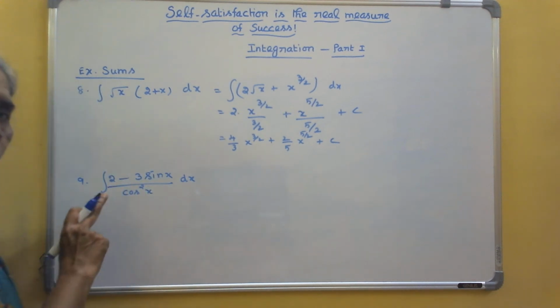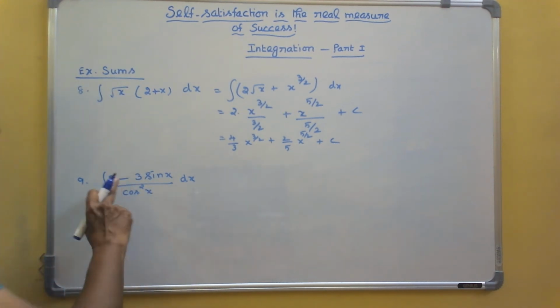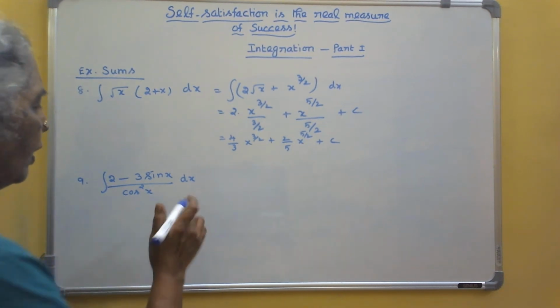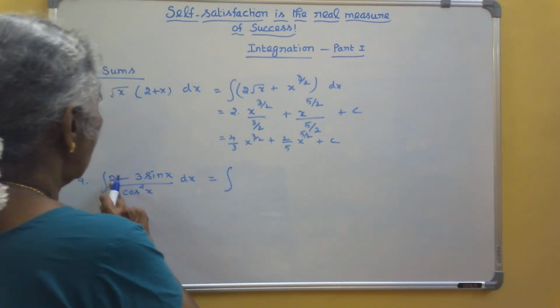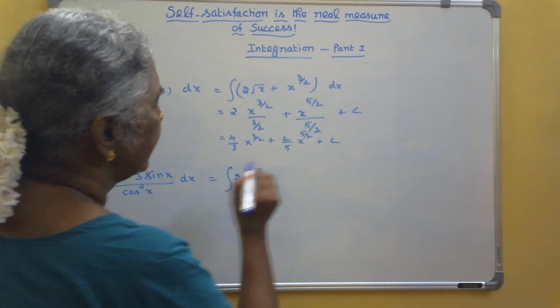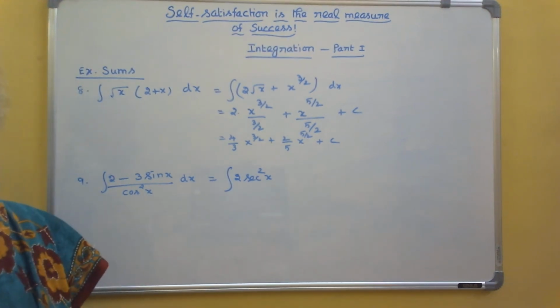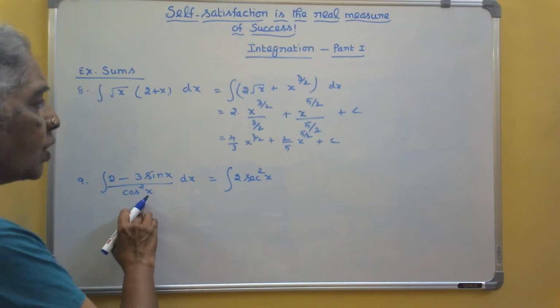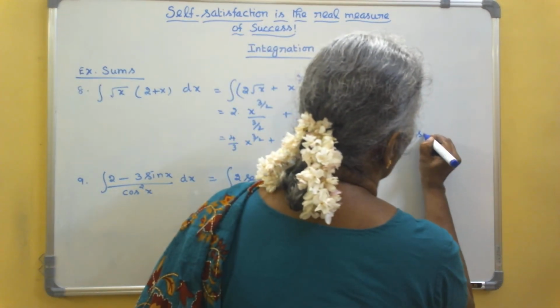The ninth sum, the same rule applies. Here you have 2 terms in the numerator and a single term in the denominator. So divide. So what will happen now? You will be getting 2 by cos squared x, you can write it as 2 secant squared x, because 1 by cos squared x is secant squared x. Then 3 sin x by cos squared x, I will show you here.